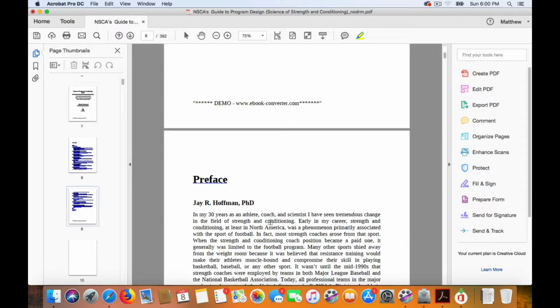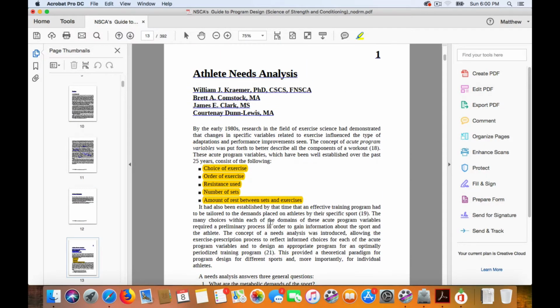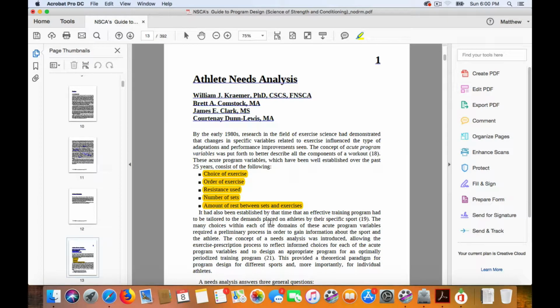So here we have the needs analysis. It's really important to understand the exact dynamics of the athlete that you're dealing with, the dynamics of the sport, and the dynamics of the exact position of that athlete when they're playing that sport.